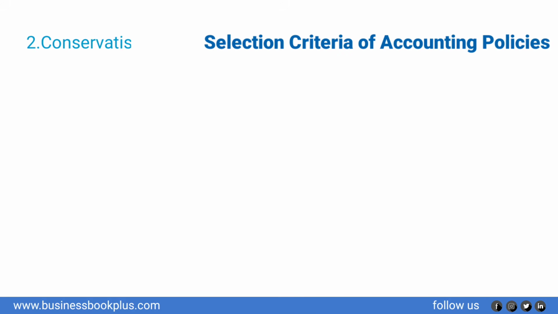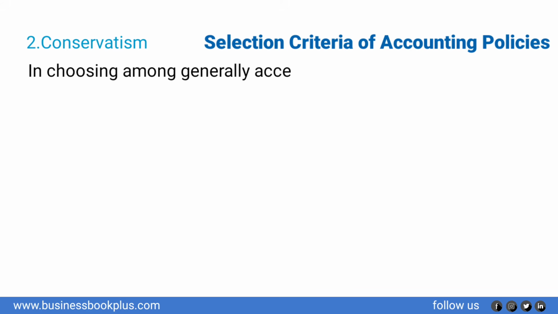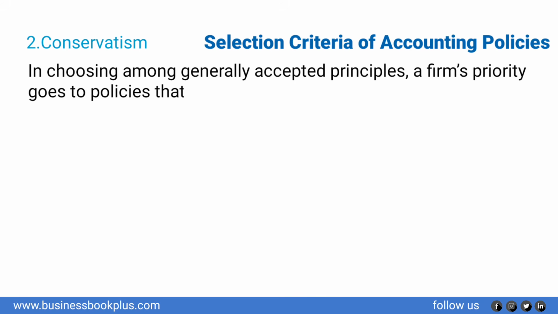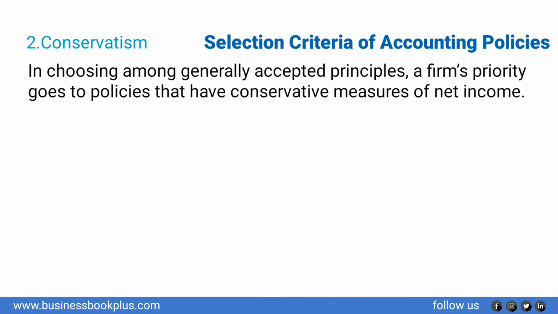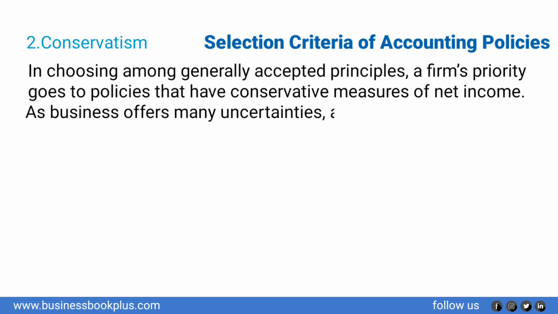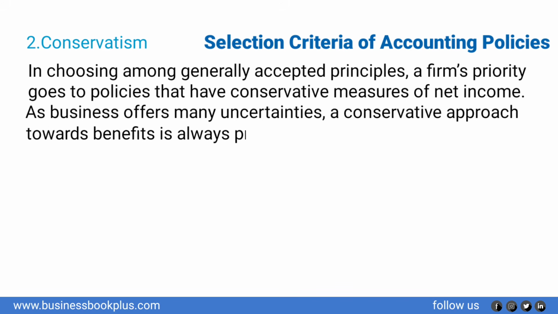Number 2. Conservatism. In choosing among generally accepted principles, a firm's priority goes to policies that have conservative measures of net income. As business offers many uncertainties, a conservative approach towards benefits is always preferable.